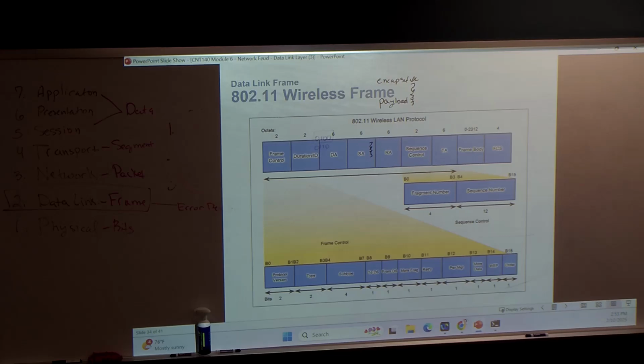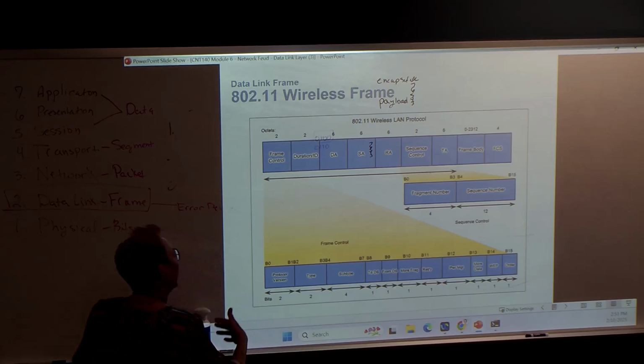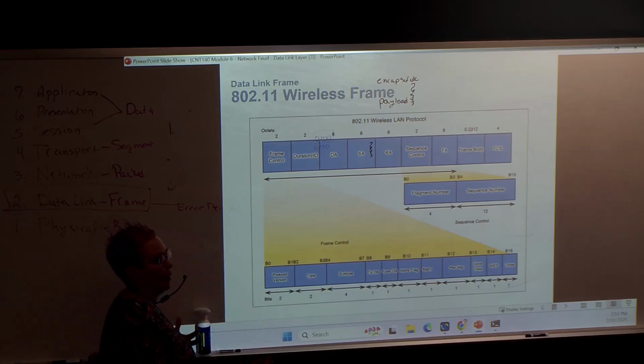And so it puts the 3 milliseconds inside the frame in hopes of avoiding a collision. So the other devices will be like, okay, that frame needs to be on the media for 3 milliseconds. I'm not going to send anything for 3 milliseconds.